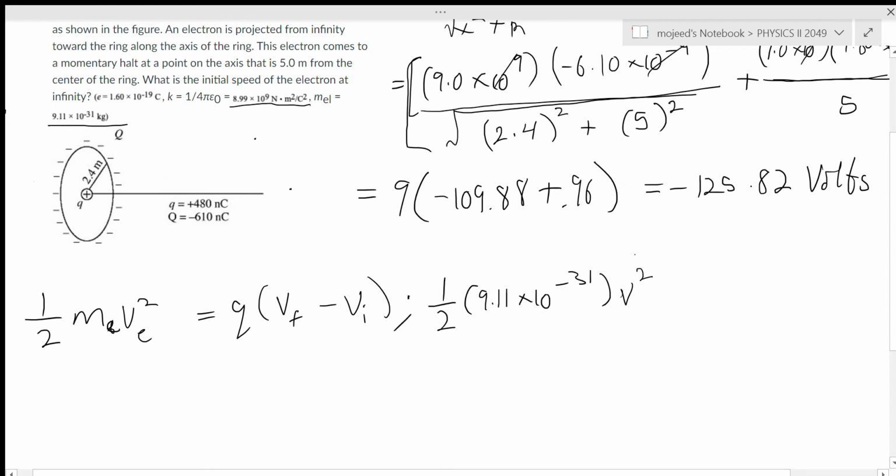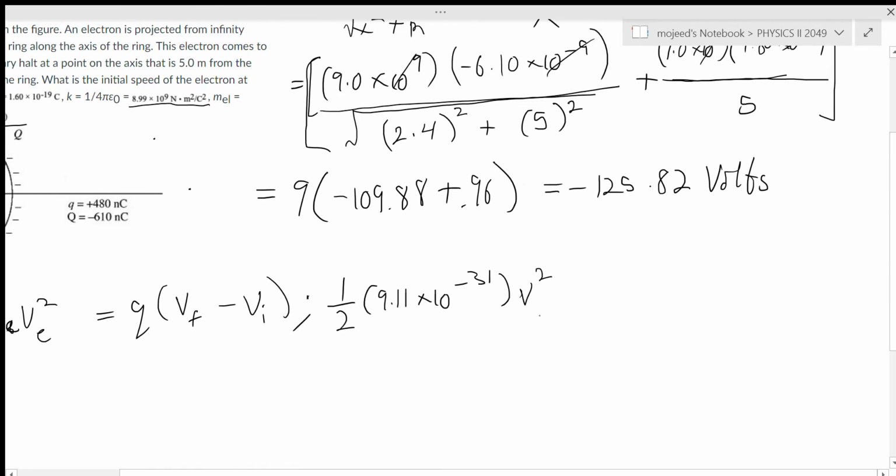That is the variable we're trying to isolate, the initial speed. This equals the charge of the electron, negative 1.60 times 10 to the negative 19 coulombs, multiplied by the electric potential, 125.82.